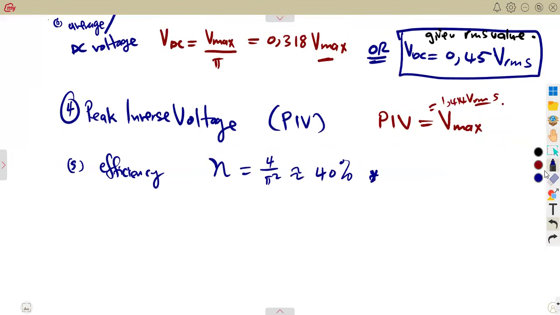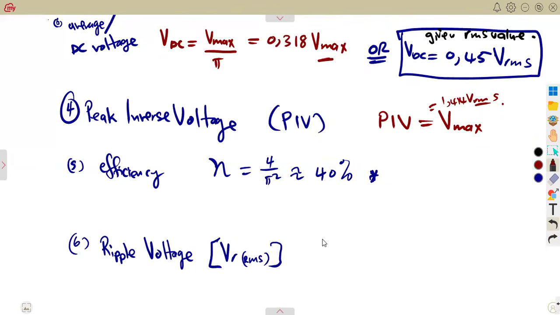Then another part that you also need is the ripple voltage, which will give us the ripple factor. So let's talk of the ripple voltage. The ripple voltage is given as V R RMS. That is our ripple voltage in that case.